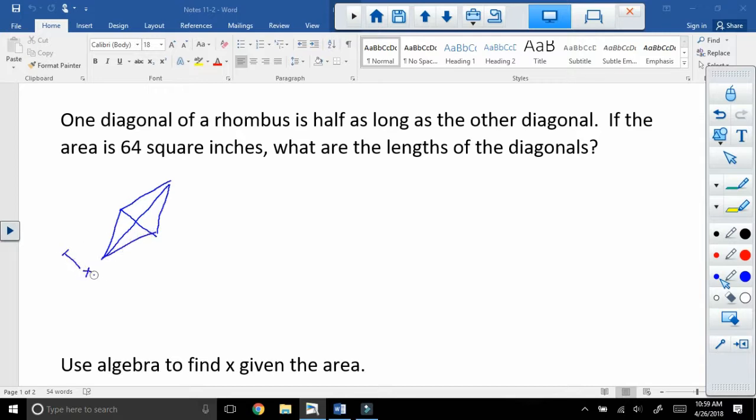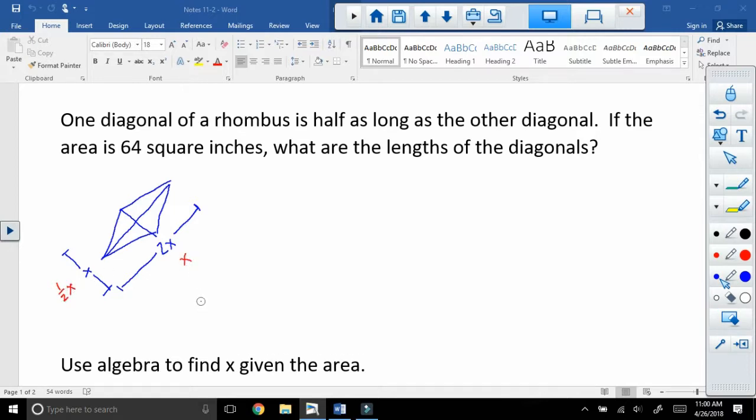Let's call one diagonal x. I made that one my short one. So what's that other one going to be? That's 2x. If you wanted to, you could say that this one is half x and this one is x.